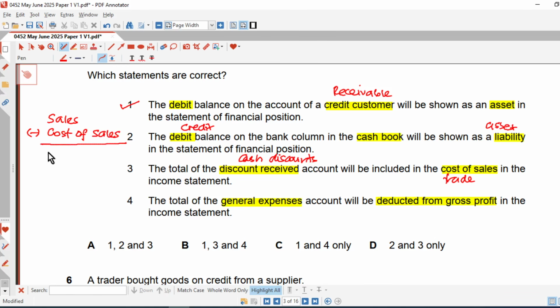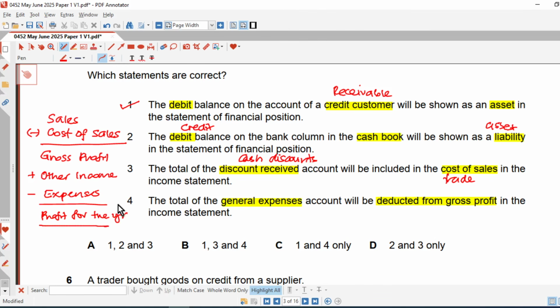From gross profit, we are going to add in all our other income and we'll take out all the expenses, which general expenses do fall under. And from there, we get our profit for the year. So safe to say number 4 is a correct statement. So your answer would be C, 1 and 4.